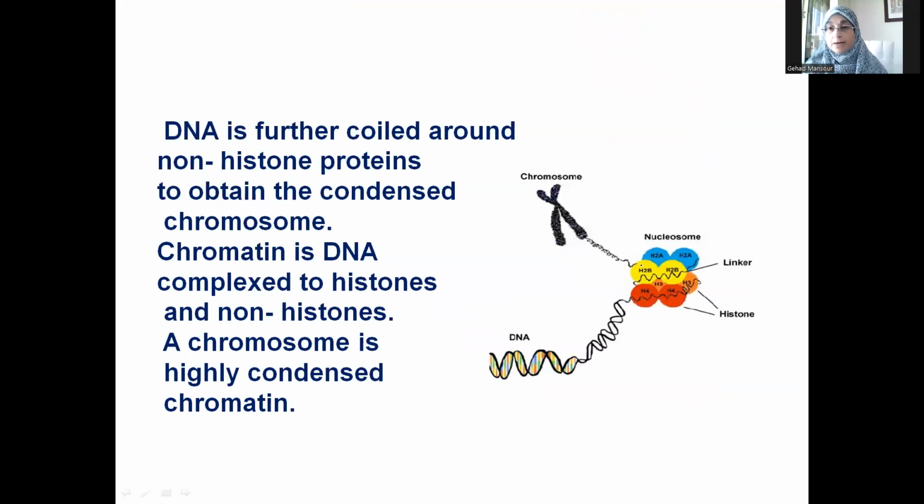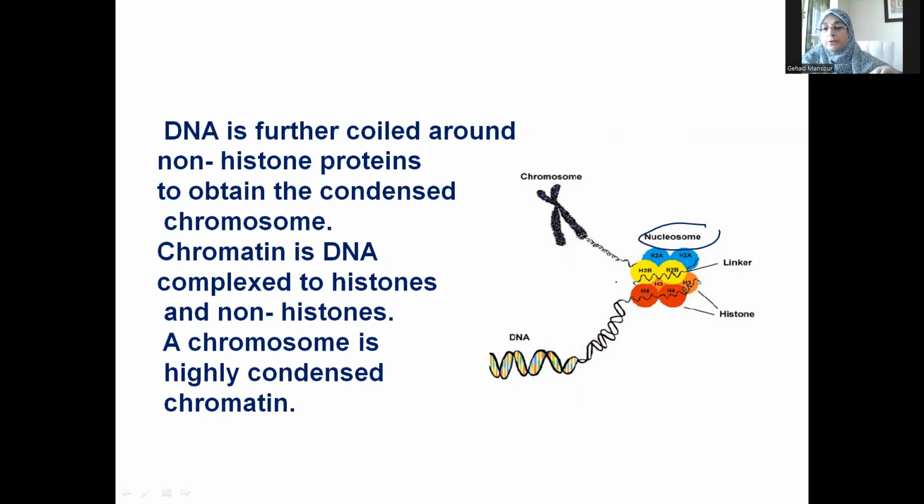And this is the way they are coiled around each other. So here you can see a chromosome, and we uncoiled the chromosome in order to see the histone molecules that form the nucleosome. Of course, whenever the DNA is highly coiled around histones and non-histones, it's difficult for replication to occur, because in order for replication to occur, we should uncoil a part of DNA.